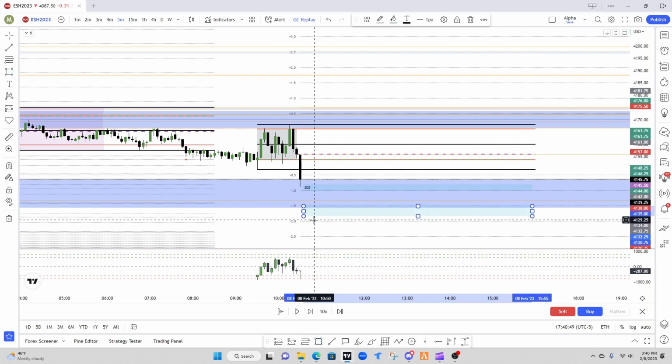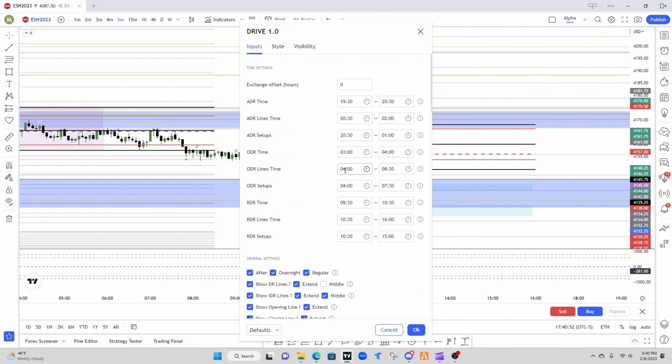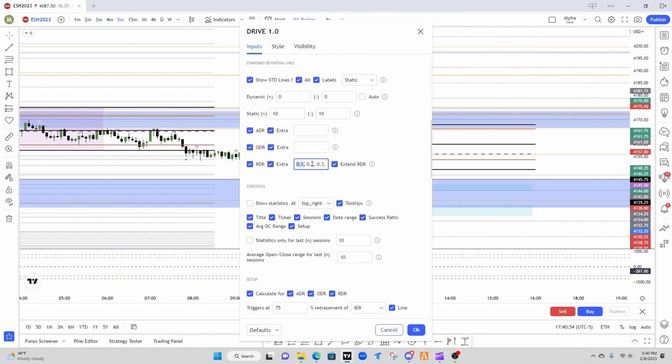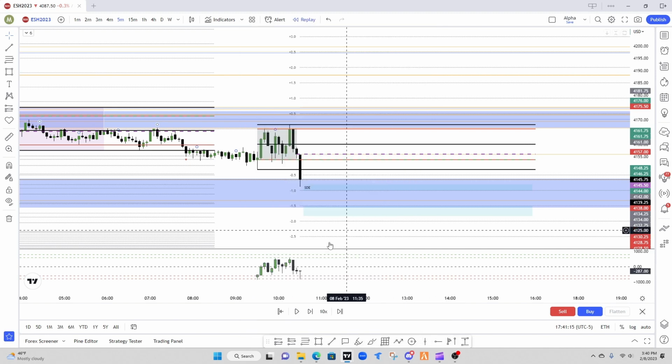The other way we can make this a little bit easier on ourselves is if we go into our drive indicator, and we can go ahead and get those up on our chart.